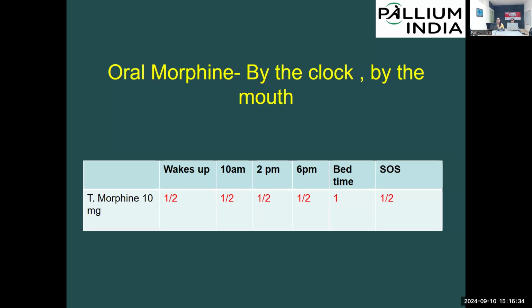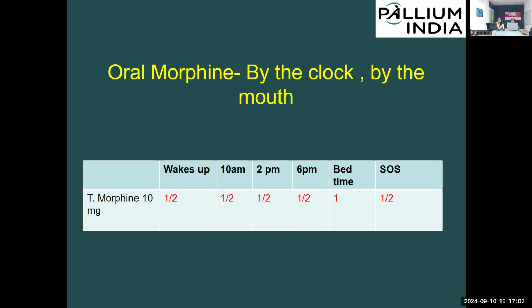What does "by the ladder" mean? Anybody? We have already seen the WHO analgesic ladder. Depending upon the severity of the pain, we go for step 1, step 2 or step 3. So always go by the ladder, unless there is some other reason.